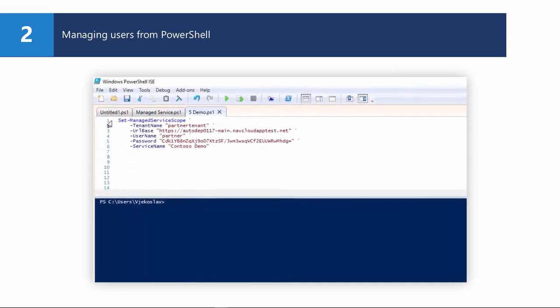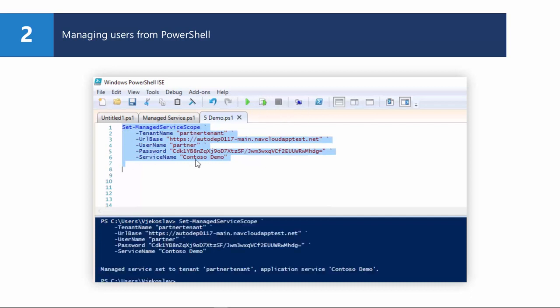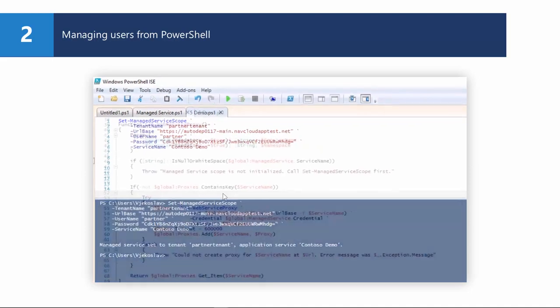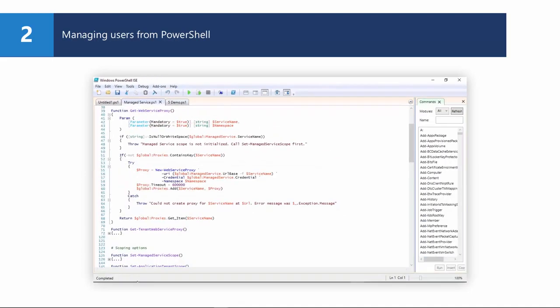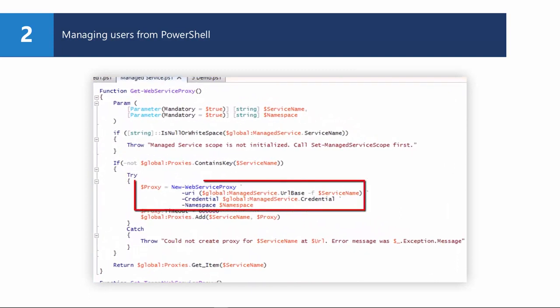Let's test it out. I'll set the managed service scope to specify to my PowerShell session in which managed service partner tenant I'm executing my work. All of my managed service commandlets use my custom get web service proxy commandlet that connects to the SOAP service requested and creates the .NET proxy assembly to provide object model for a SOAP service.